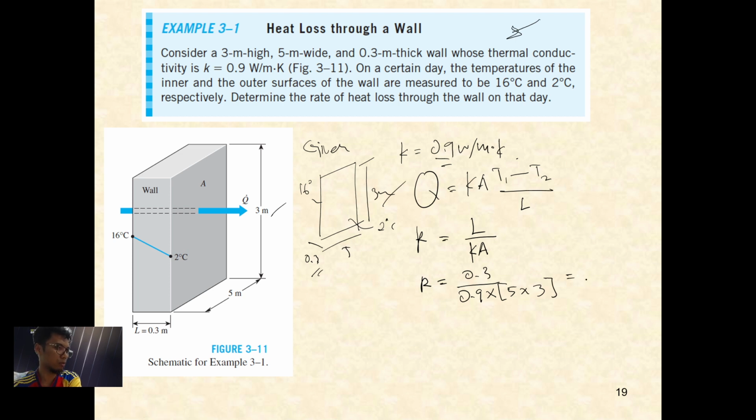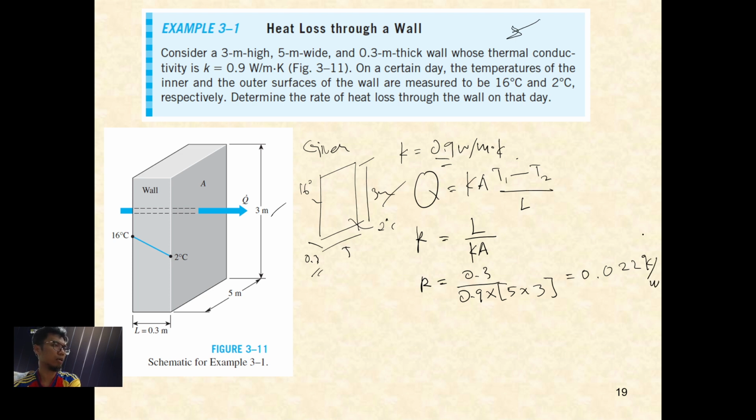So your R total is, if you press your calculator, you will get 0.022 degrees, because they gave K here. So it is K per watt.